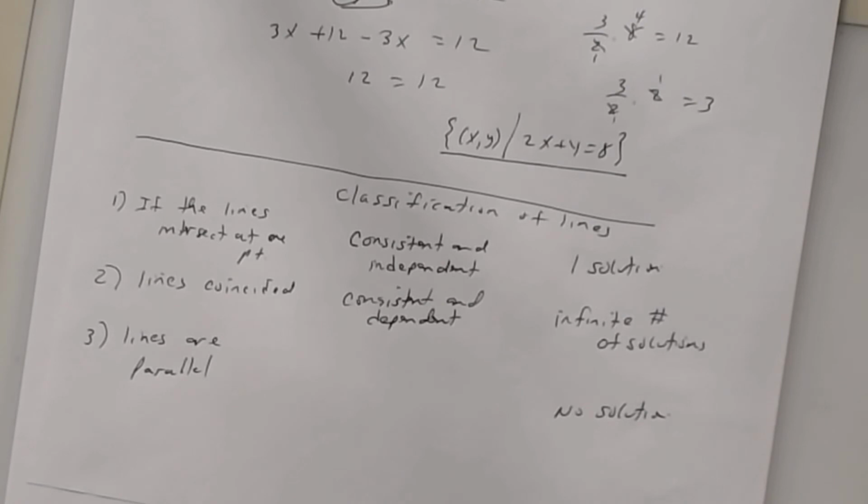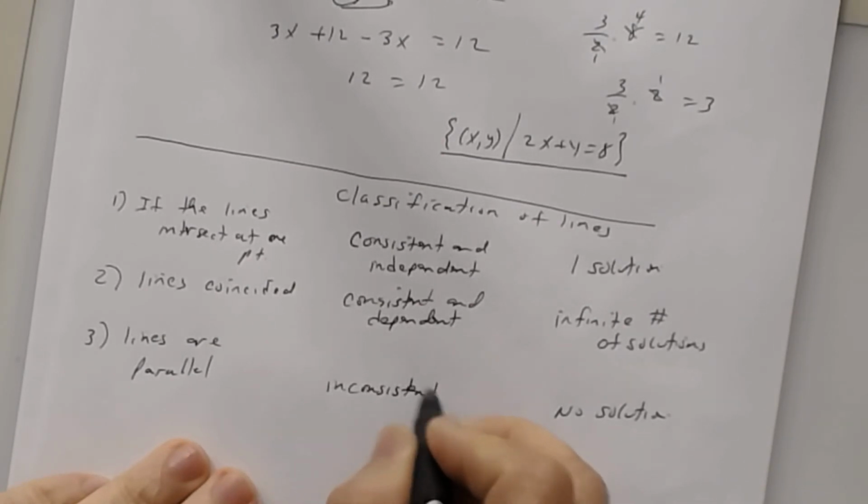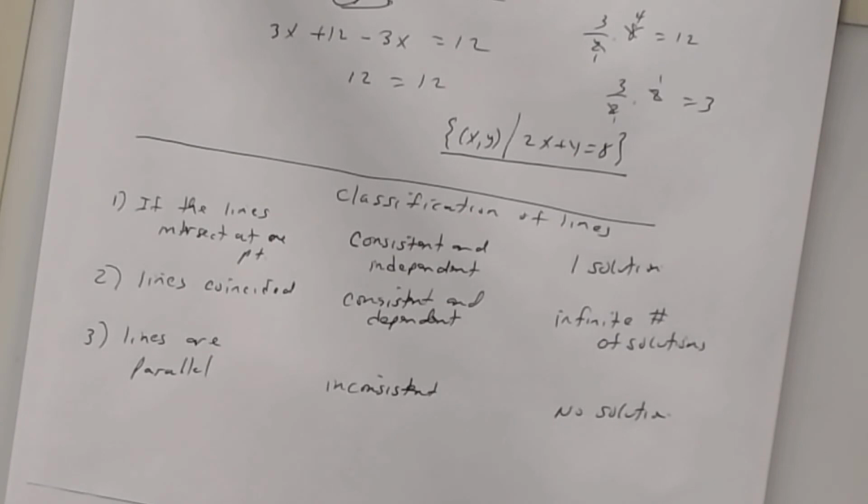So there's no solution, just like when we talked about solving linear equations and there was no solution, we said it was inconsistent. So same thing with systems, inconsistent. So if you go back to one of the lessons, we talked about consistent and inconsistent. So we had no solution, was inconsistent.